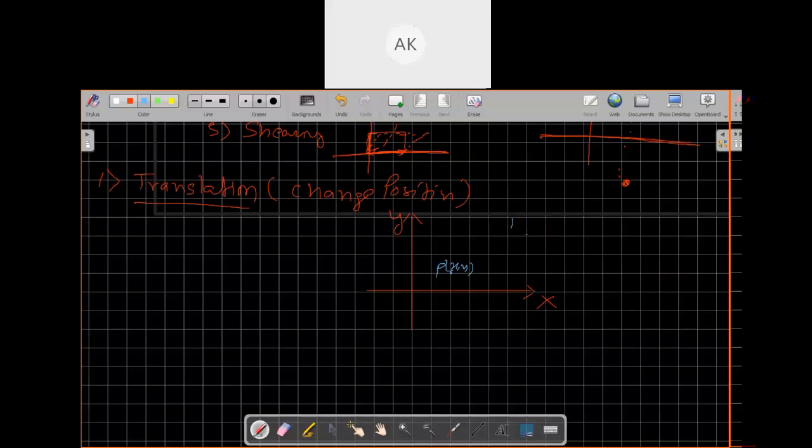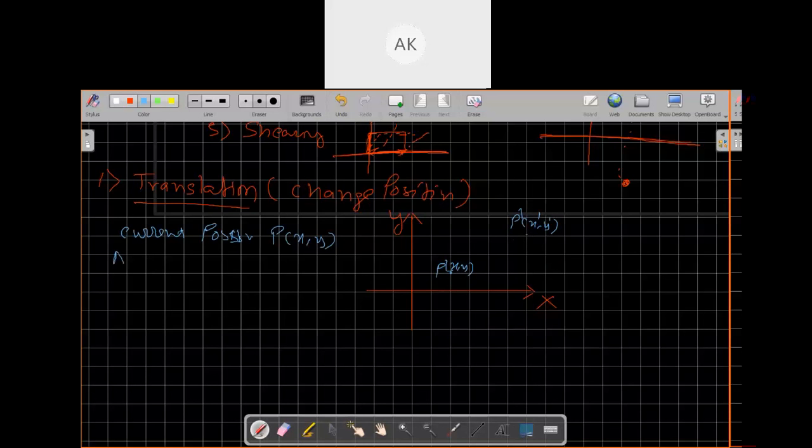Let's consider what we are doing here in translation. Suppose this is your coordinate system, x, and this is your y. Suppose your object is a point P with coordinates x, y, and we want to change the position of this point P to a new position.